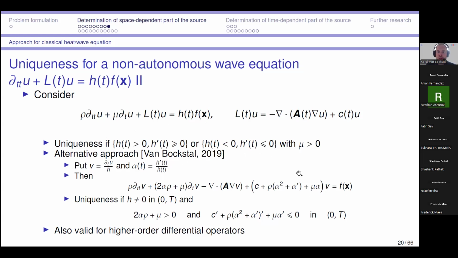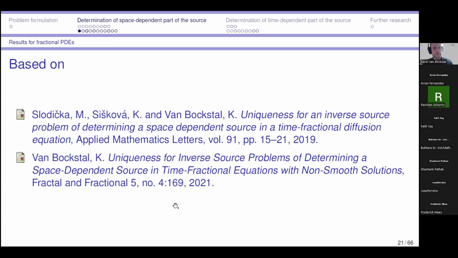And then you need, analogous to the heat equation, that the derivative of this term is negative, which is written here, and that the sum of these two terms should be strictly positive. And in fact, I made a proof for a higher order operator, but it's also valid for a second order operator.